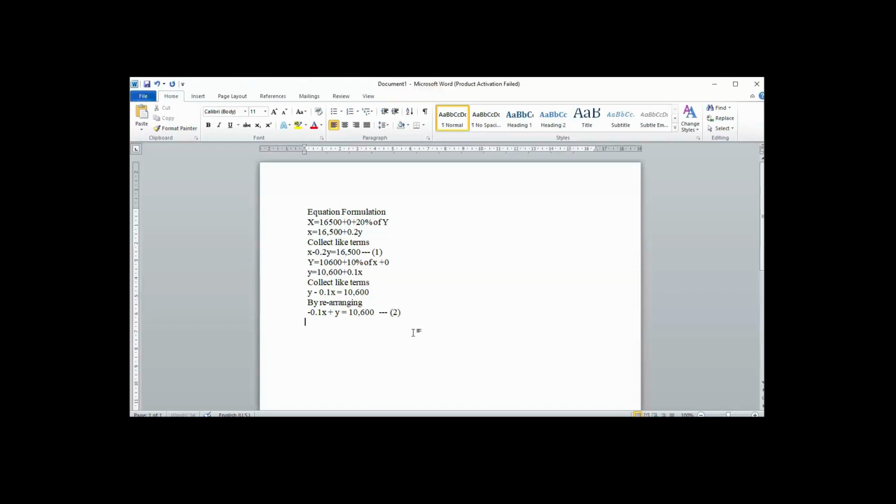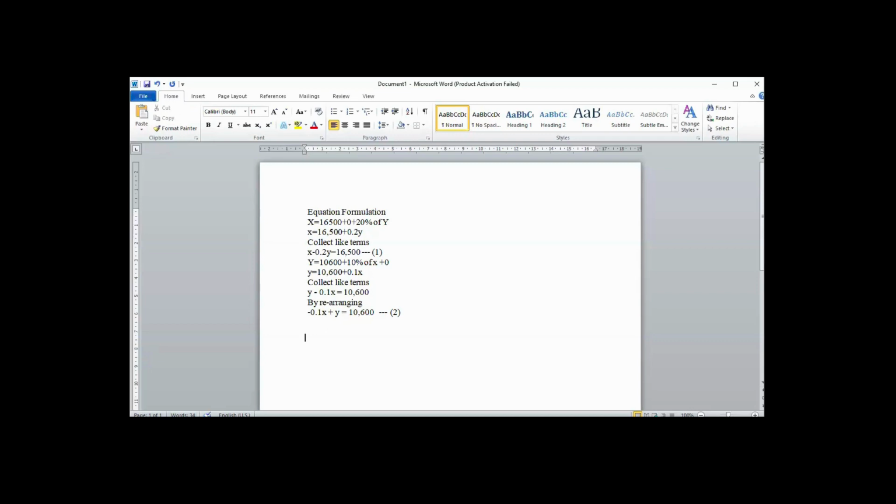Now, before we move on, why didn't we rearrange equation 1? Because if you look at your equation 1, you have x minus 0.2y equals 16,500.